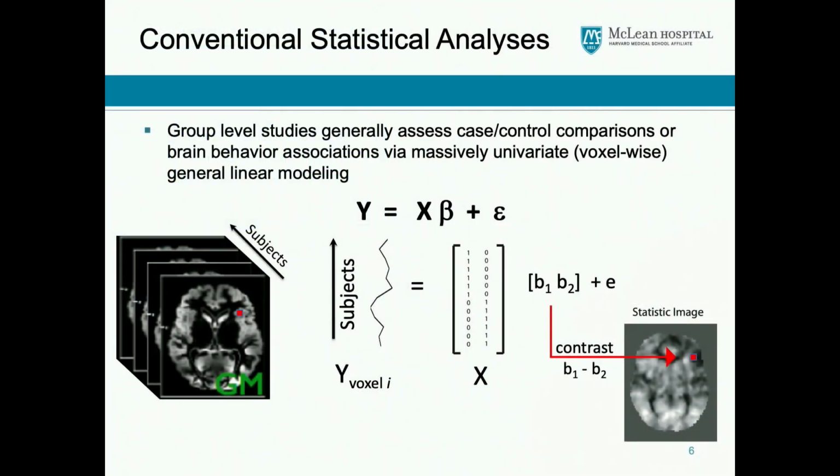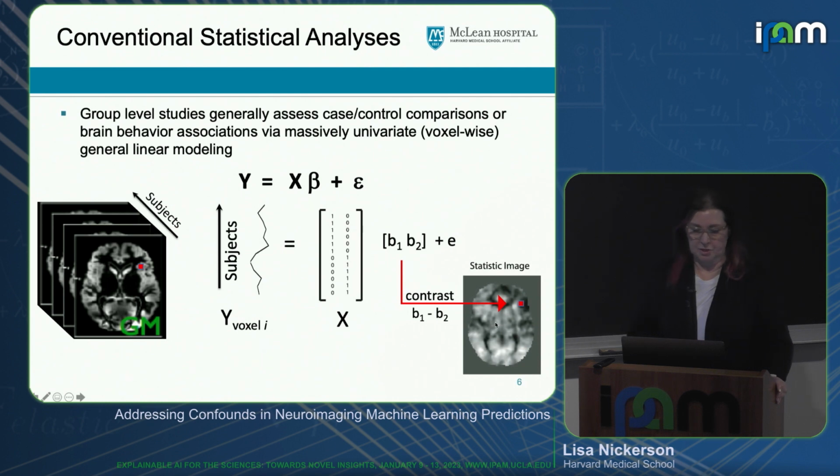So for fMRI, this is a second level model. In this case, you have the brain maps for a particular modality for all the participants, and you extract the subject values at each voxel location, and you may fit a model to them that encodes group membership, and then create a contrast of the regression weights encoding group membership to get a map that encodes the group difference in, say, a task activation.